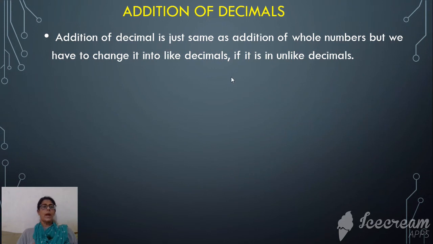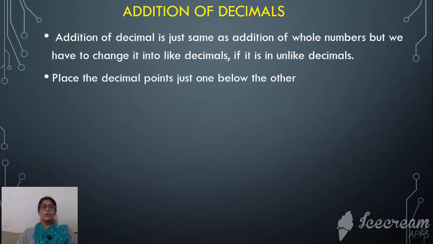But here we have to change unlike decimals to like decimals. We have to change into like decimals if the decimal numbers are given as unlike decimals. If they are given as like decimals, then we can directly add. But we have to be careful about some steps that I will explain here.